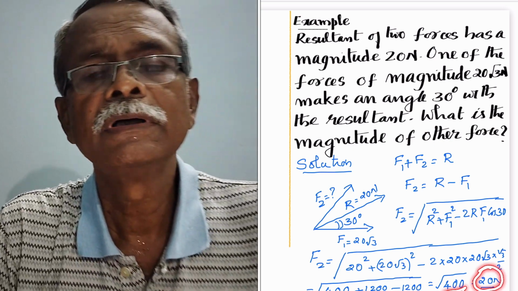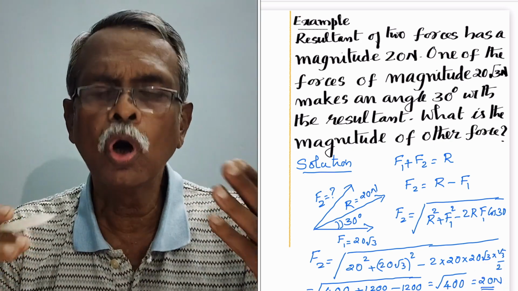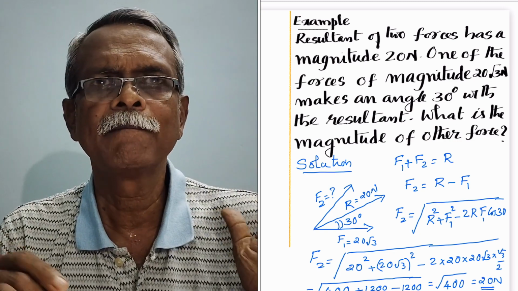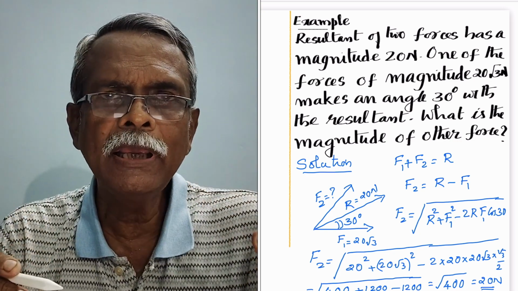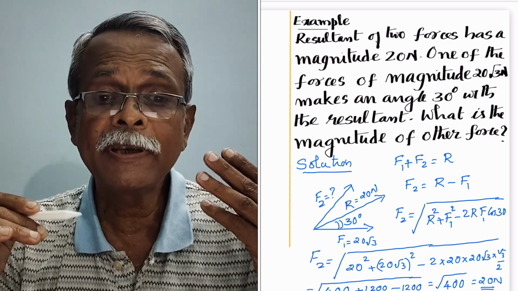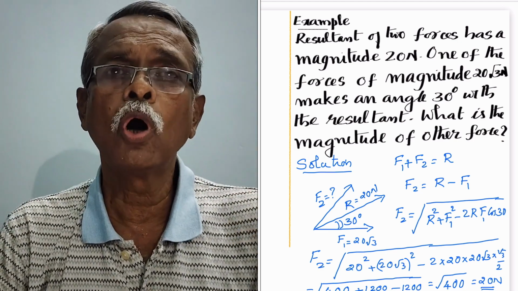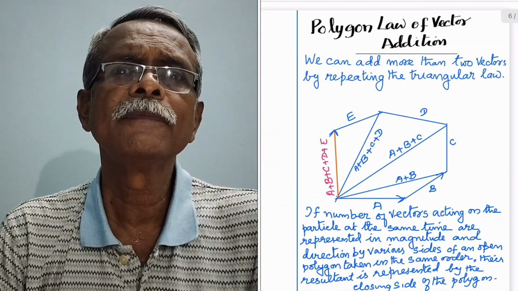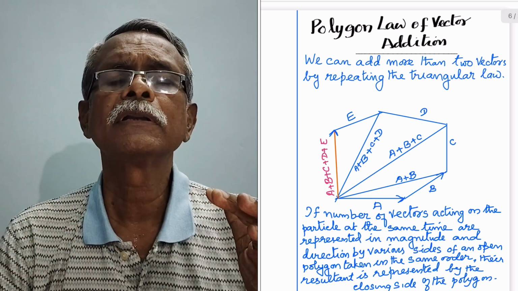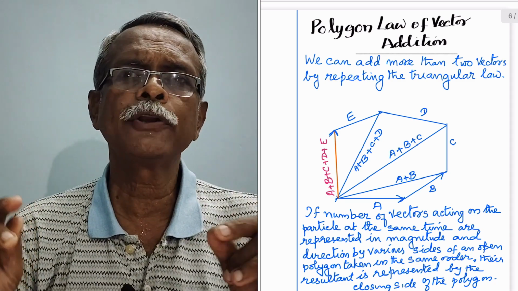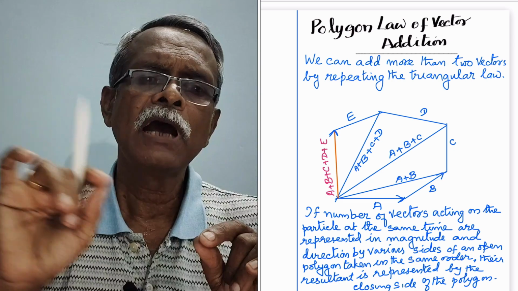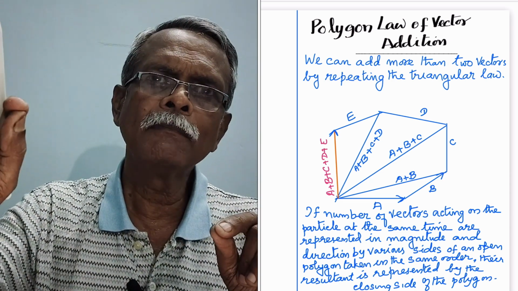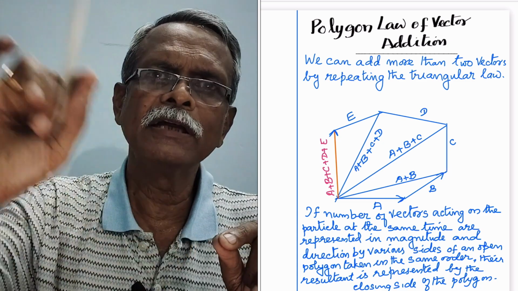Now we have the next law called the polygon law of vector addition. That actually is a repetition of triangular law. If you want to add more than two vectors, you repeat the triangular law. First you take a pair of vectors, add them using triangular law. Then you take that sum and the third vector, add them.